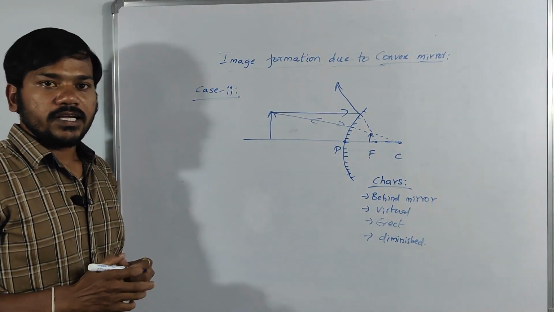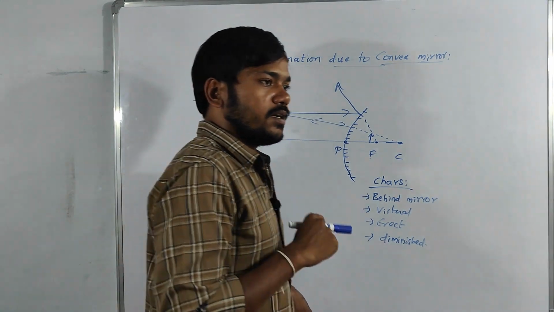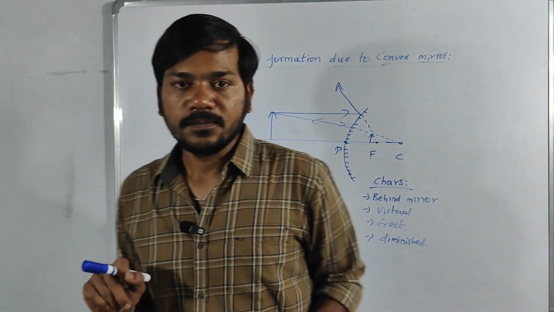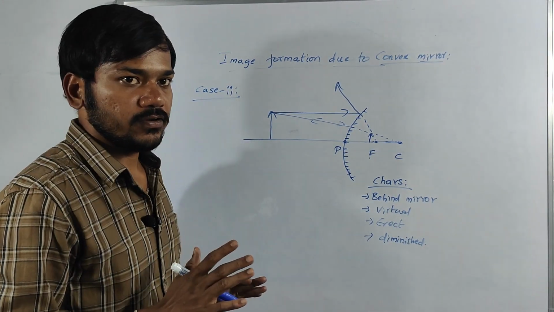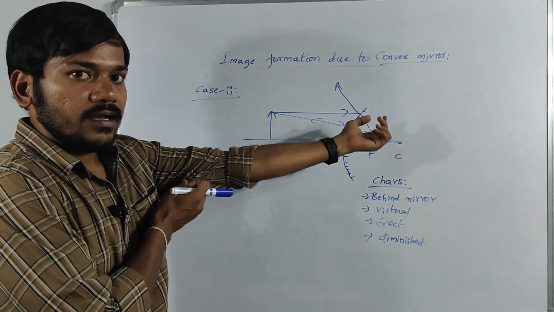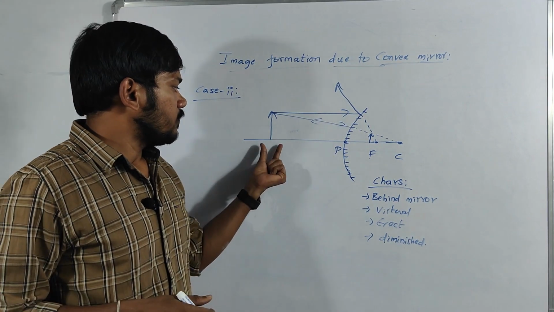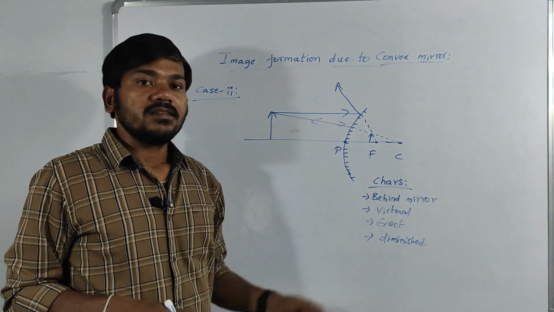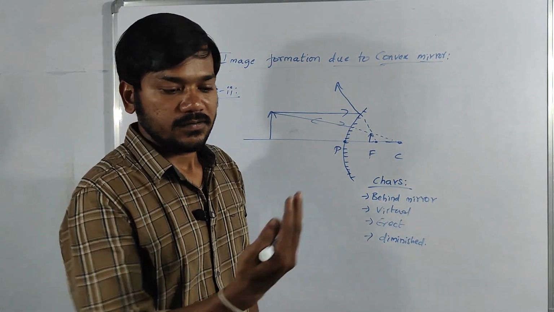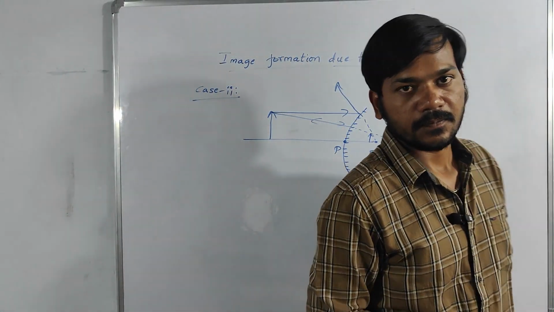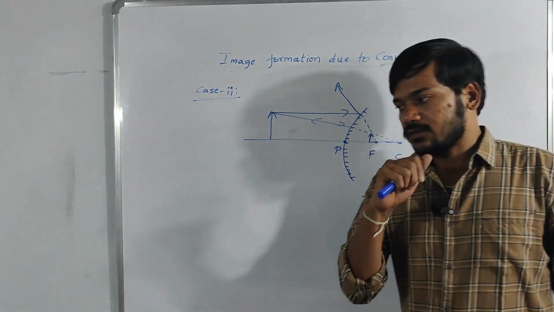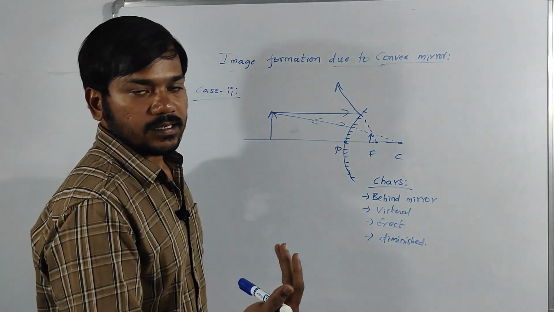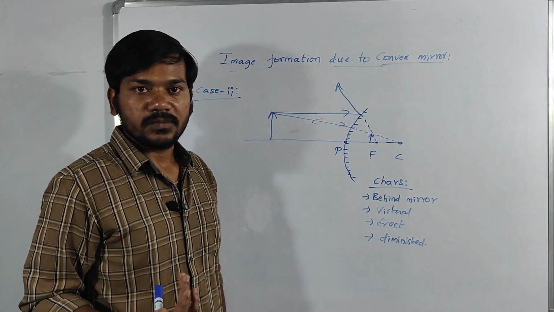Now, using your IQ, you must understand, as I have already stated, that this can be used as a rear view mirror, no? Why is it used as a rear view mirror? Consider this is a lorry, and generally you will see the smaller image of the lorry in your rear view mirror. Clear, no? So that is a very important point. Whichever vehicle is coming behind your vehicle, you can see the smaller images of them.